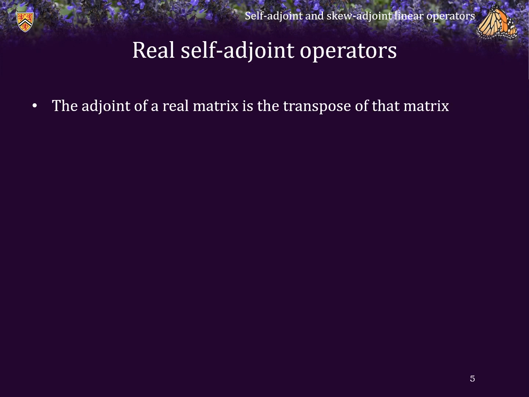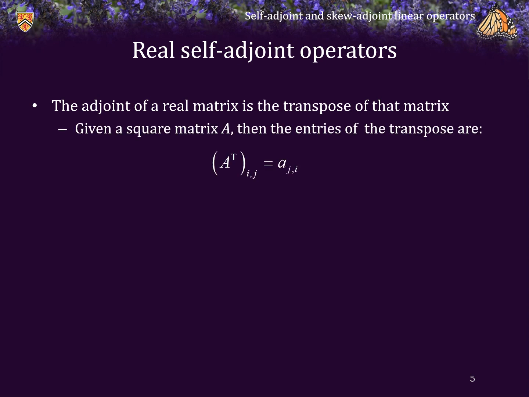Now, the adjoint of a real matrix is the transpose of that matrix. So the ijth entry of the transpose is the jith entry of the actual matrix itself. So for these two to be equal, we require that the ijth entry of the matrix equals the jith entry of the matrix.